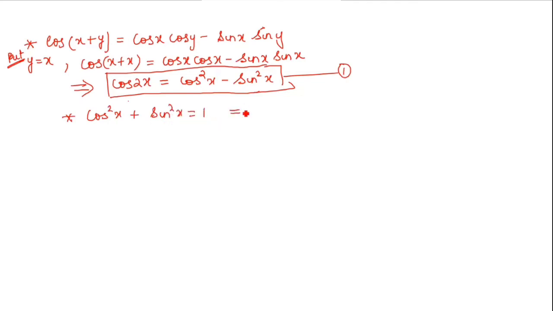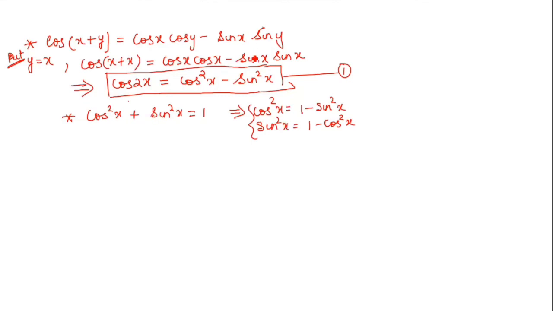So from this I can write cos square x as 1 minus sine square x, and sine square x as 1 minus cos square x. Now once I substitute for cos square x, I will get another formula, and then when I substitute for sine square x, I will get another formula.